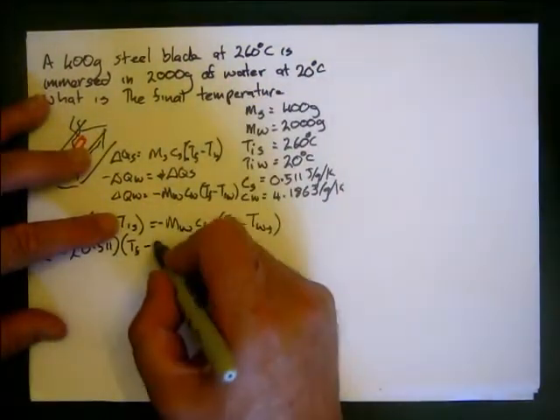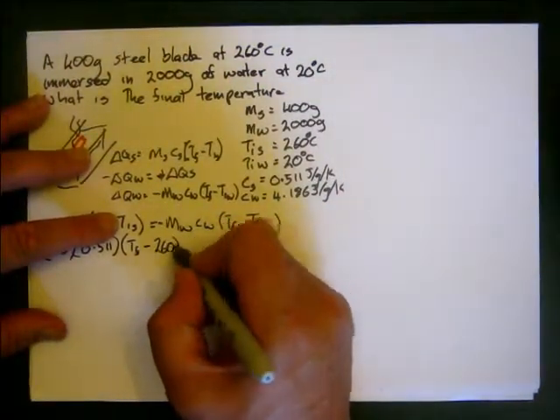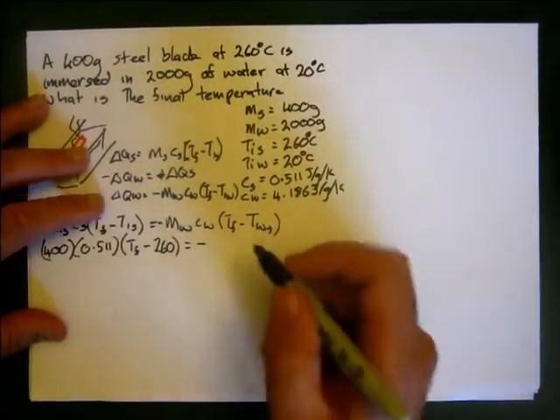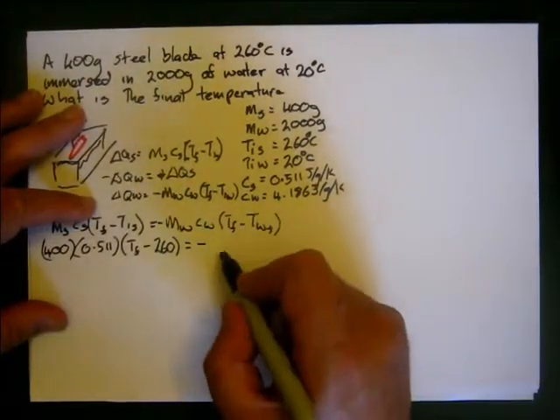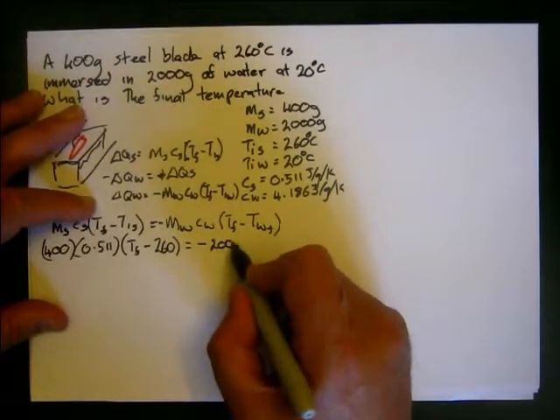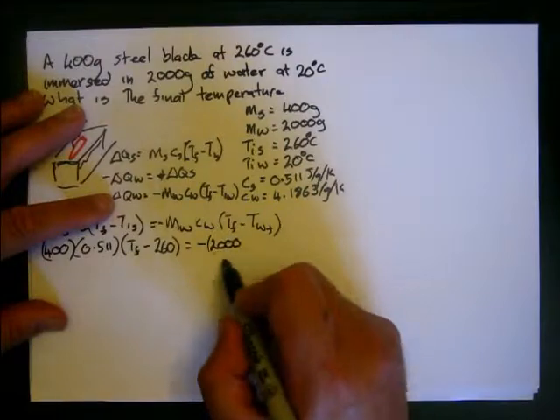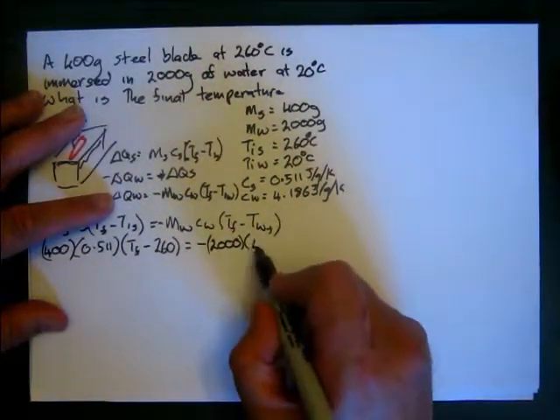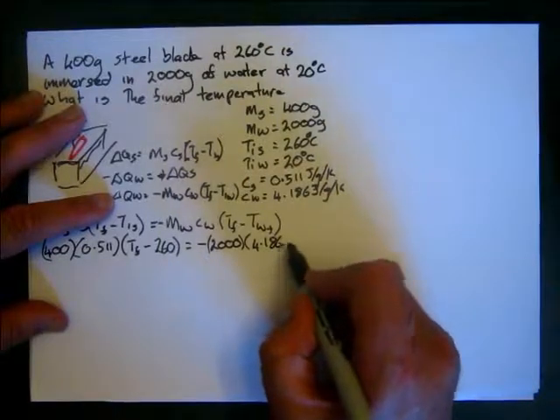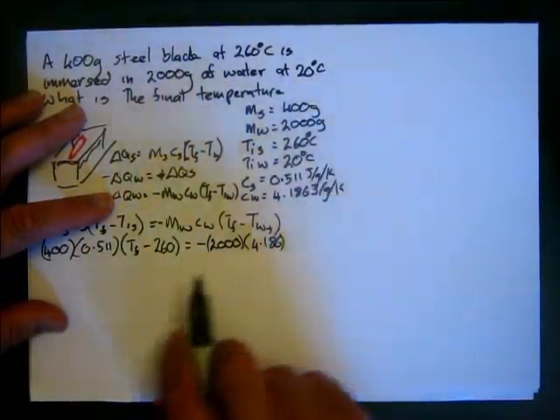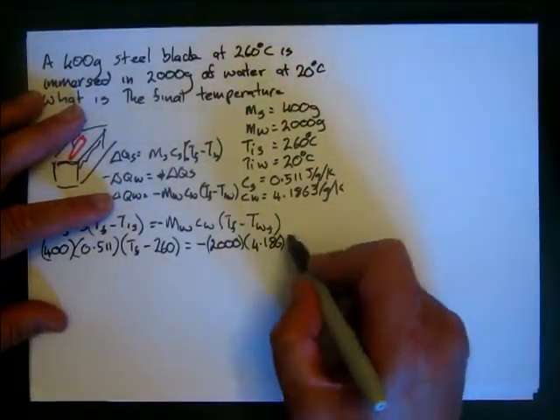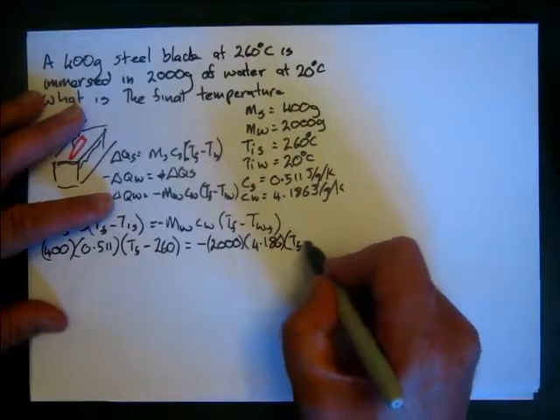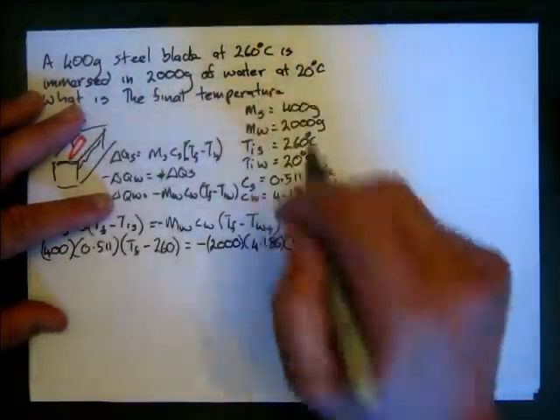Yes, I do, 260. Equals minus 2,000 grams times 4.186, because that's the specific heat of the water, times TF, which we don't know, minus the initial temperature of water, 20.